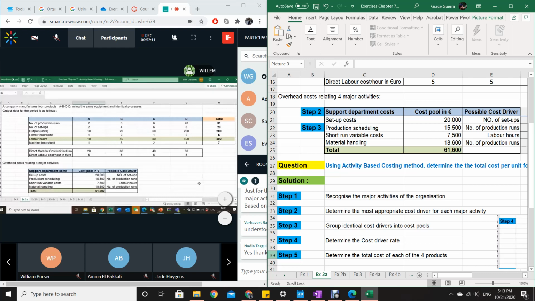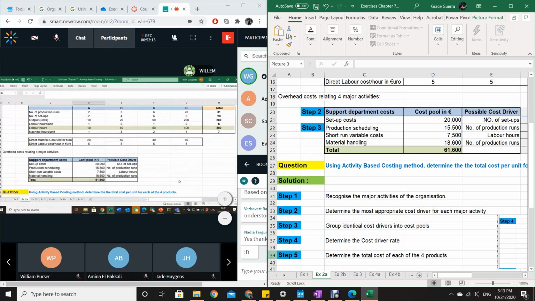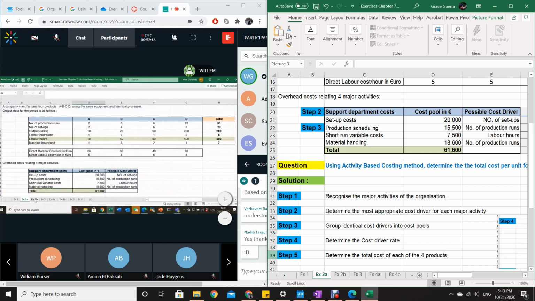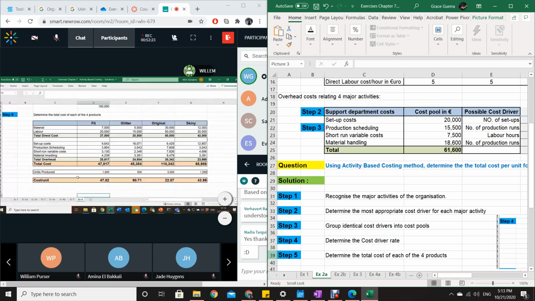Okay. That is the setup of this question, because when you go to other exercises, I will go to exercise 6. This was the exercise of last year's exam.